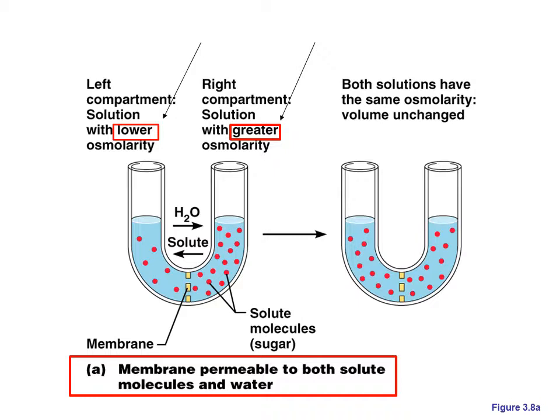So in this image, we're seeing that this membrane is not restricting water or the solute. Therefore, in the portion to the left, you have an unequal distribution of sugar. Eventually, sugar diffuses to the left of the membrane and water diffuses to the right of the membrane until this setup reaches equilibrium.